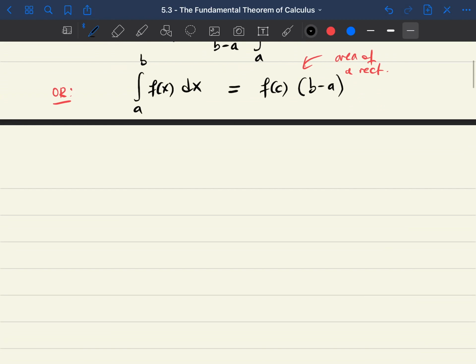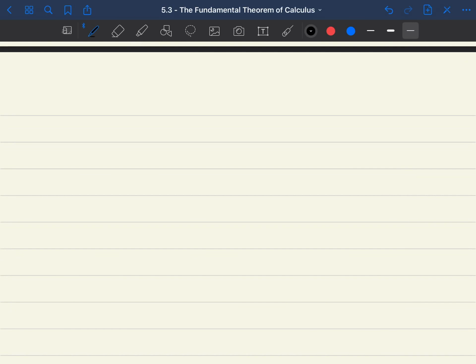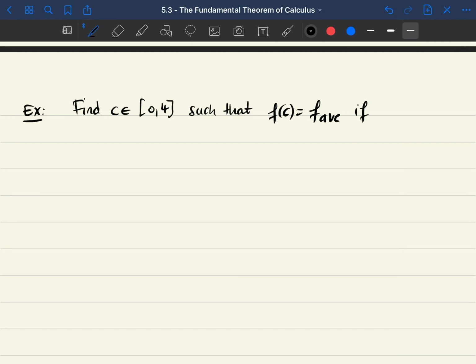So let's do one example. Let's find c in the interval 0, 4 such that f of c is the average value of the function, if the function is 8 minus 2x.